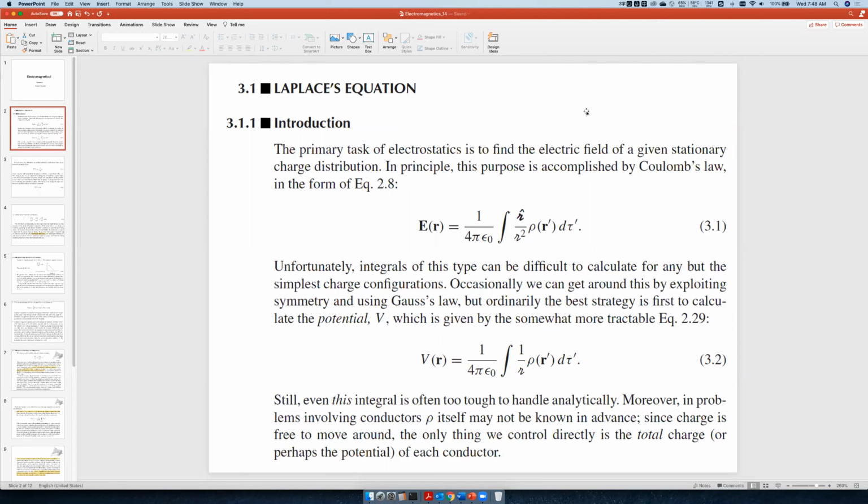Unfortunately, this integral is usually difficult when you have a charge distribution. Occasionally, we can get some easy solutions. When some symmetry exists, then we can use Gauss's law.